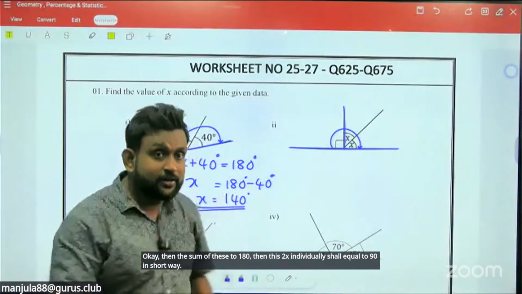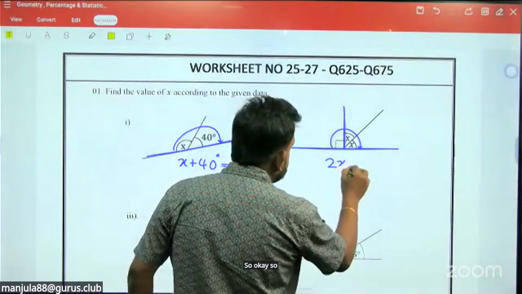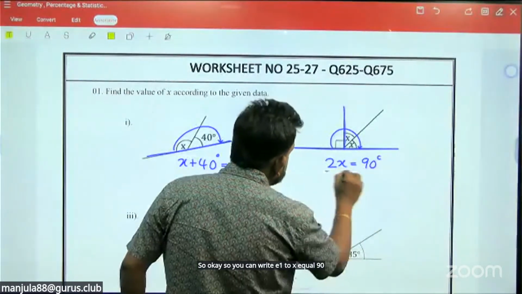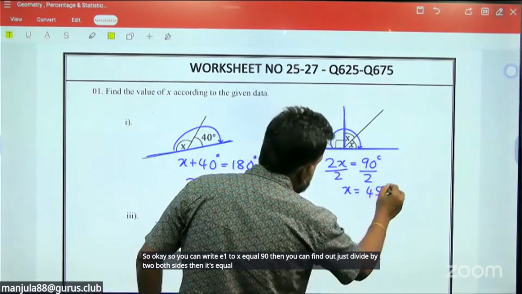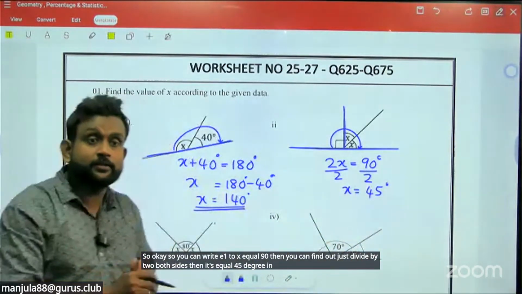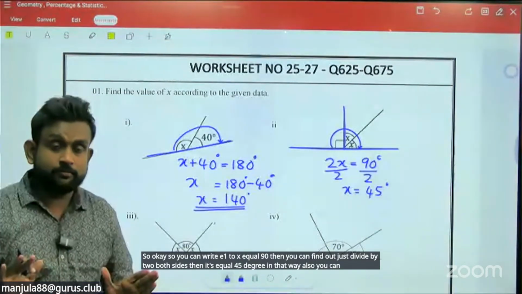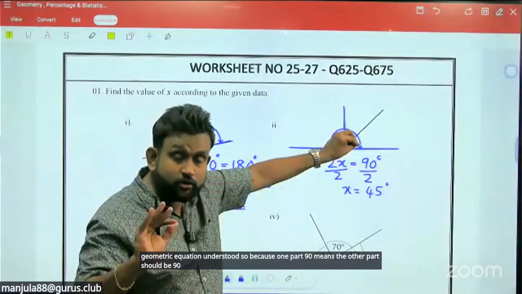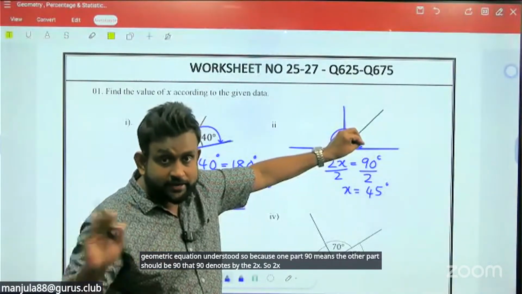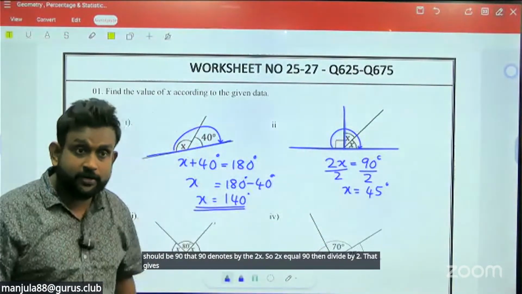So you can write 2x equals 90, then divide by 2 on both sides, and x equals 45 degrees. One part is 90, so the other part should be 90, and that 90 is denoted by 2x. So 2x equals 90, then divide by 2, giving 45 degrees.